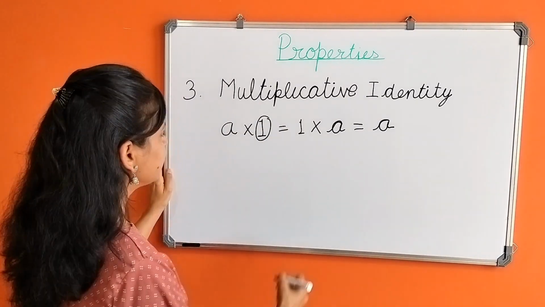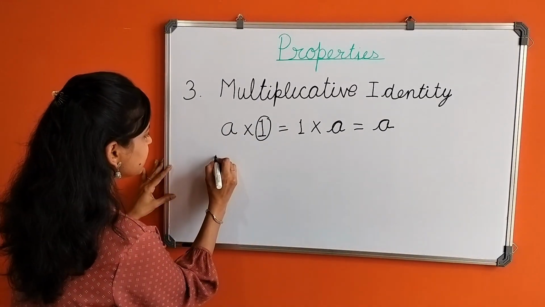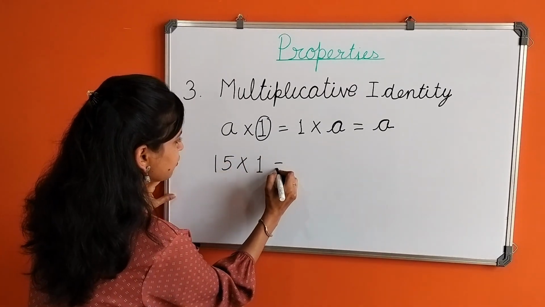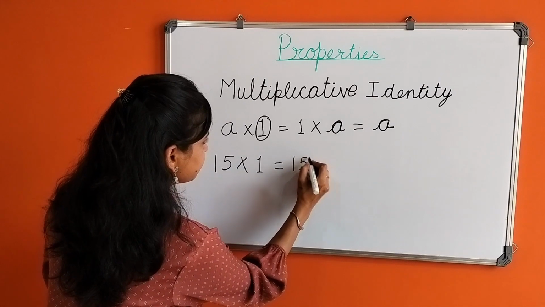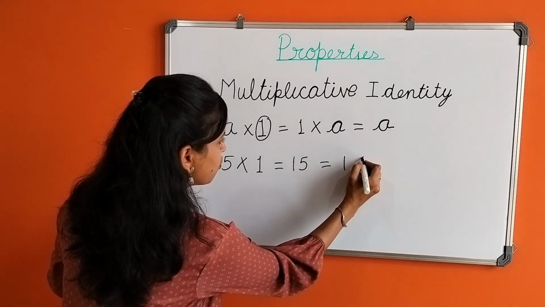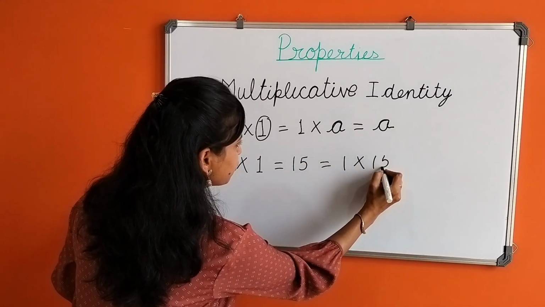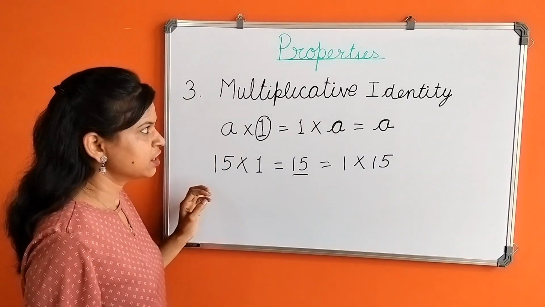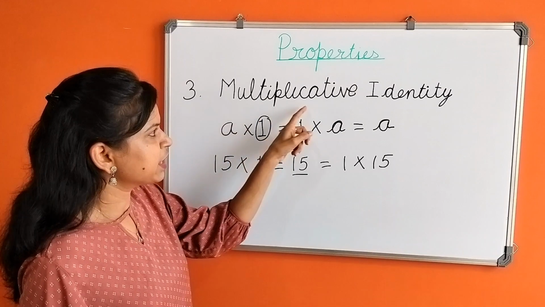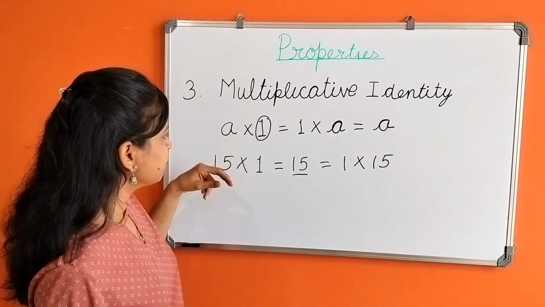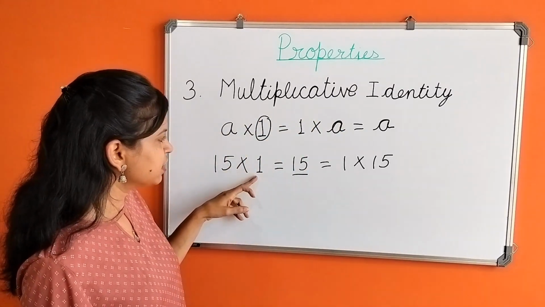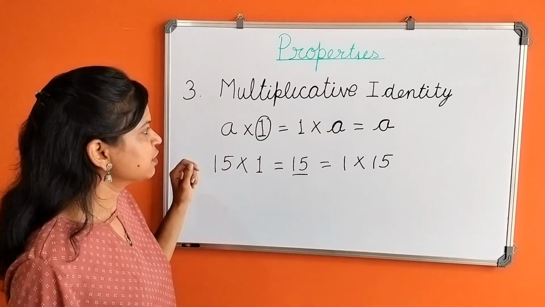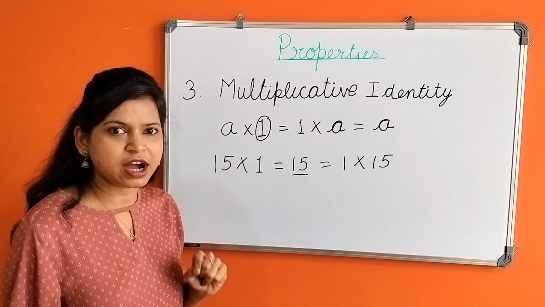Example, 15 into 1 will be 15. 1 into 15 is also 15. Whenever we multiply with 1, we get the same integer. Okay, that means 1 is the multiplicative identity.